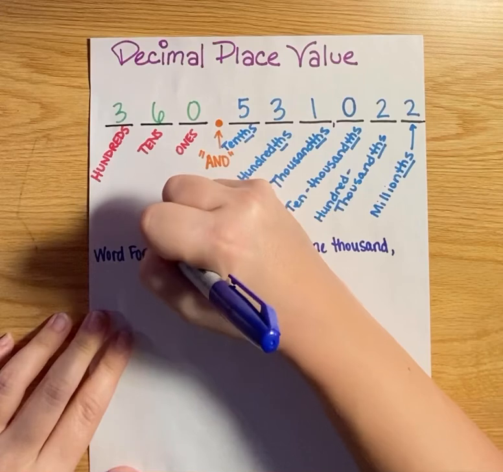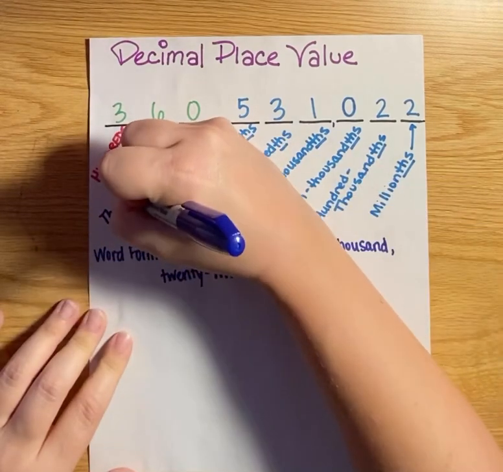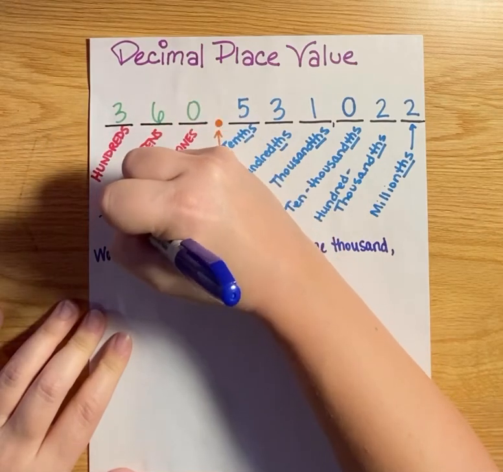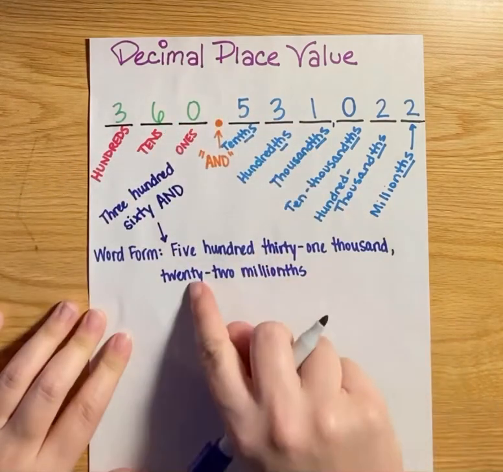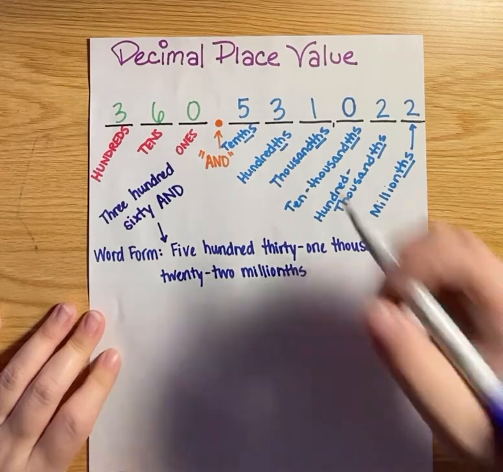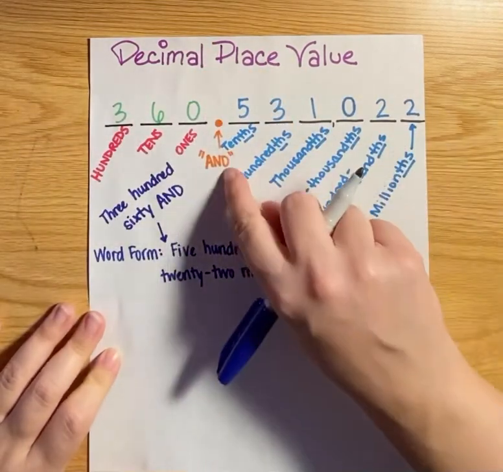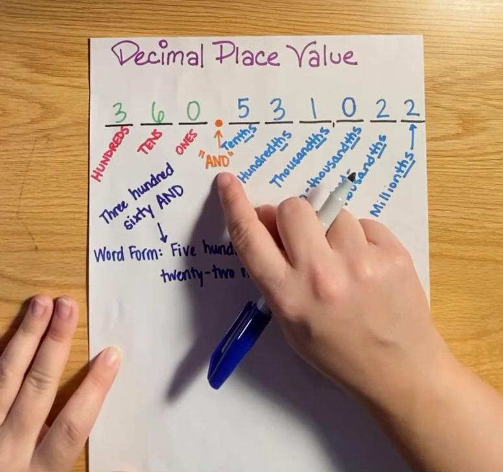We would just go right here and put 360 and 531,022 millionths. We separate our before the decimal and after the decimal with that very, very important "and."